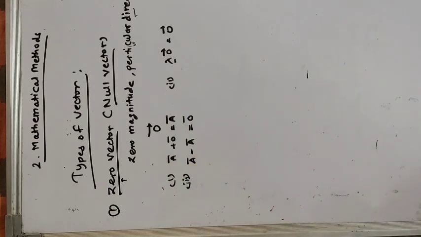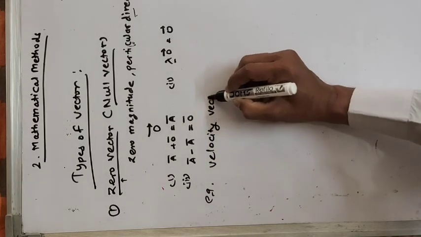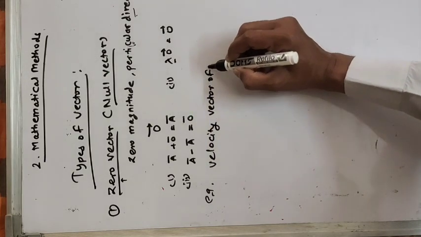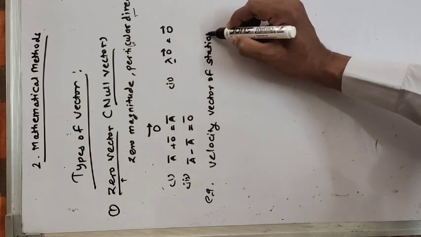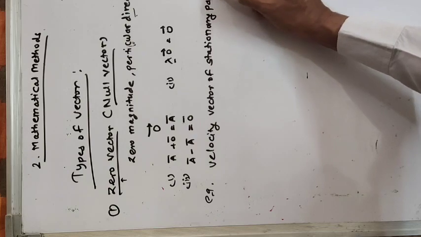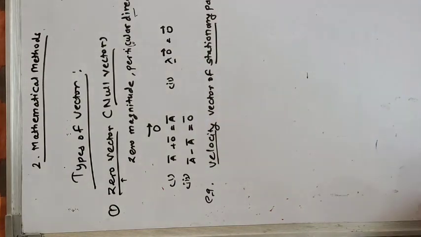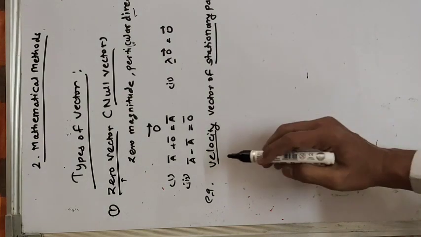Now, what are the examples of the zero vector? The velocity vector of a stationary particle is a zero vector. Velocity is distance upon time.